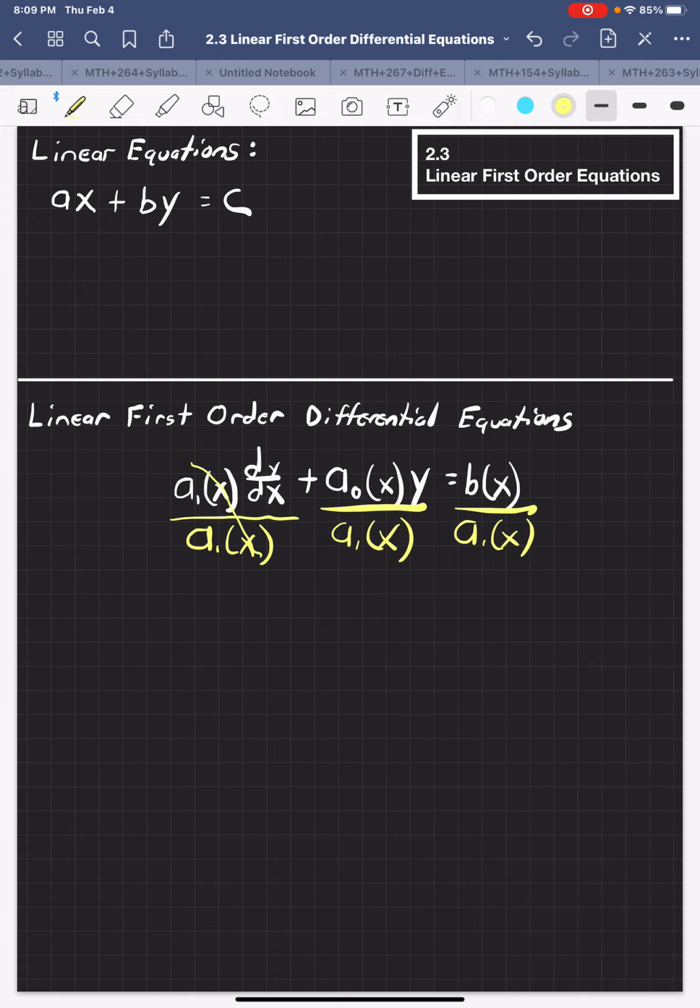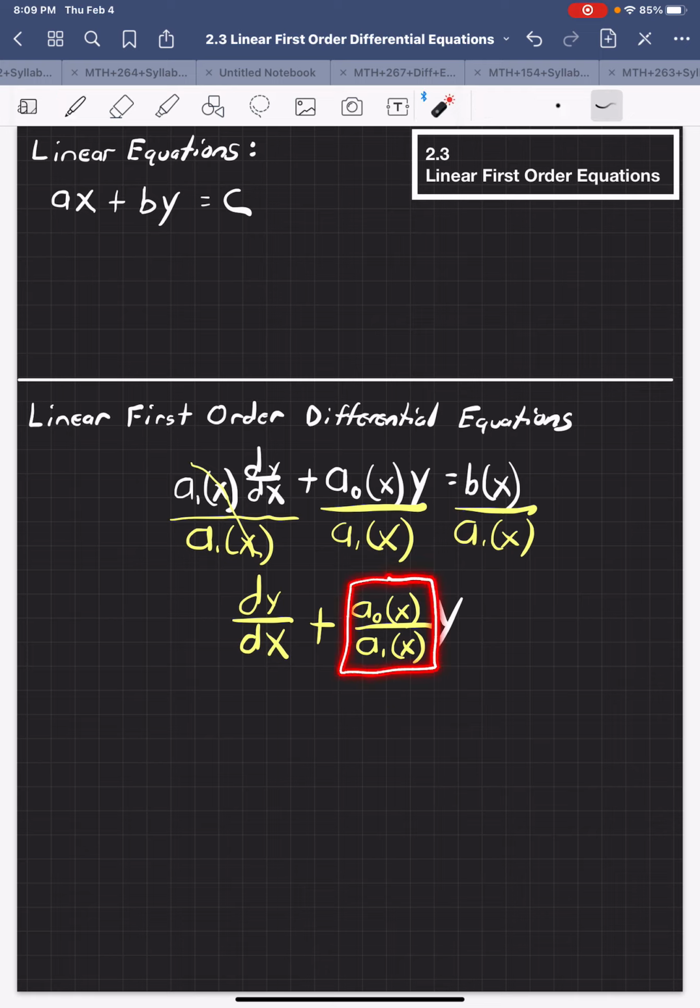So when I do that, what I have now is dy/dx plus, and now what I'm going to do is, let me not jump too many steps. So I'm going to take this a sub 0 of x over a sub 1 of x, which we're going to think of as some coefficient that is attached to y.